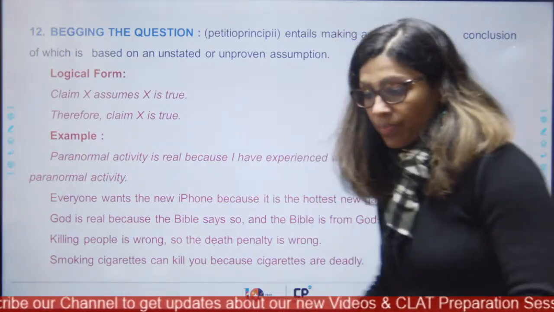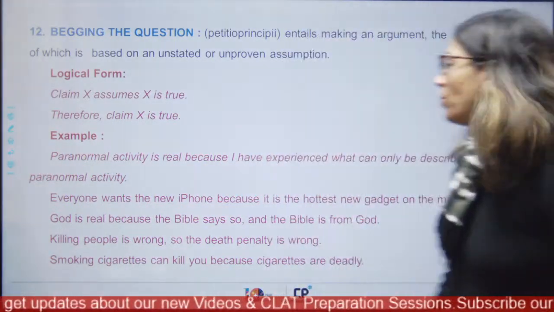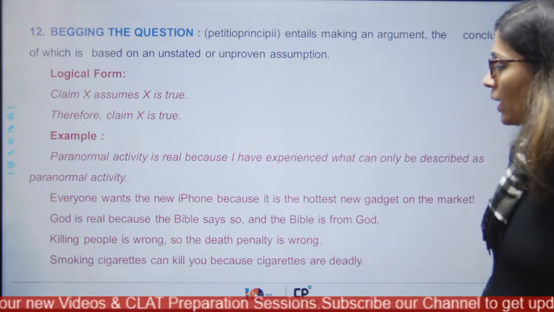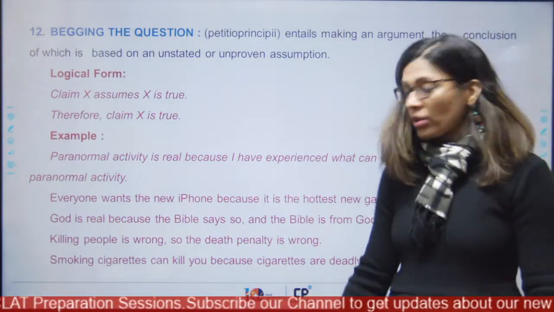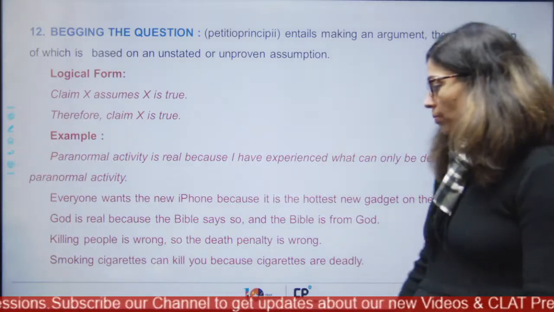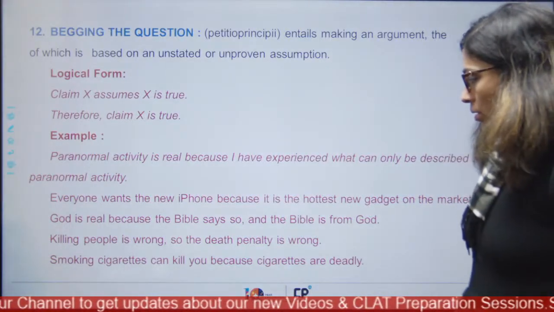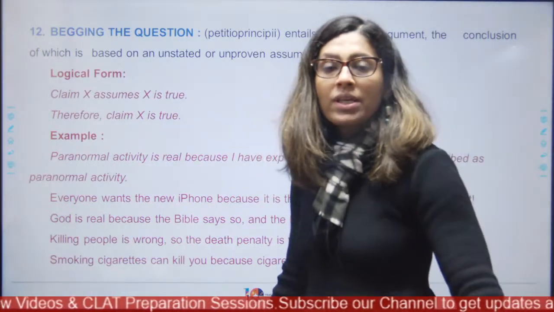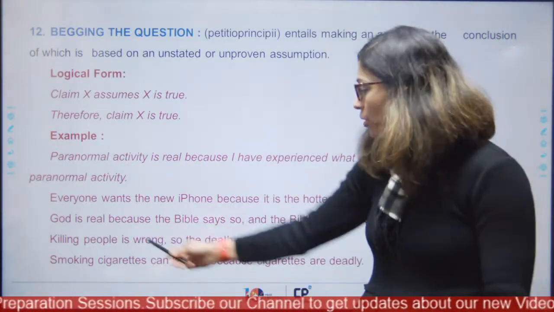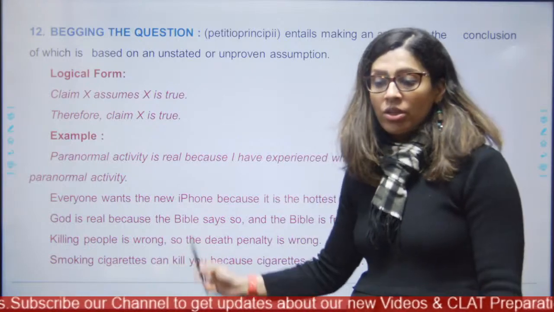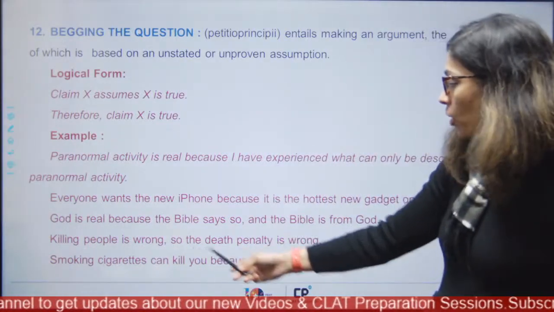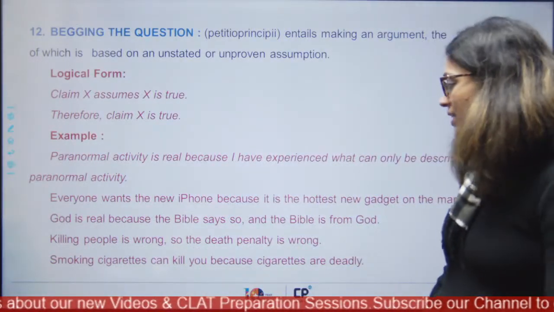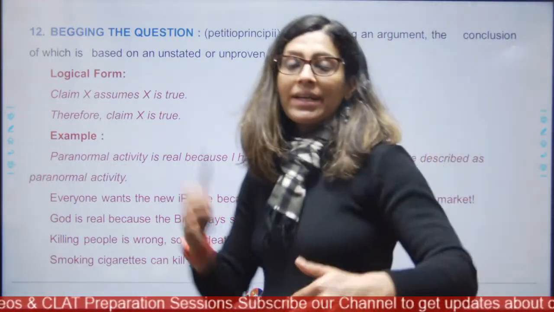Sorry, have you got it? All right. Killing people is wrong, so the death penalty is wrong. So killing people and death penalty is one and the same thing, isn't it? So two different words meaning the same thing have been used. Smoking cigarettes can kill you because cigarettes are deadly. Kill you and deadly.